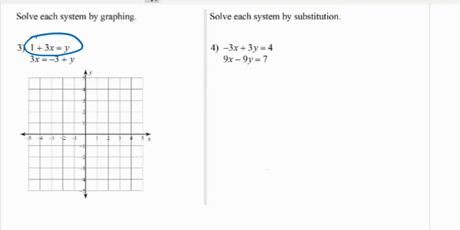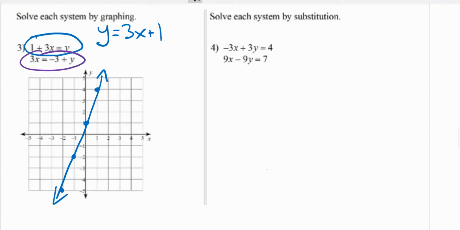We can see this equation is the same as y equals 3x plus 1. So our y-intercept is 1, and our slope is up 3 over 1, down 3, left 1. And we've got a line. And our next equation, we need to do a little work to it. 3x equals negative 3 plus y.